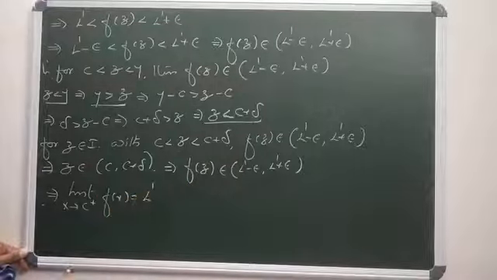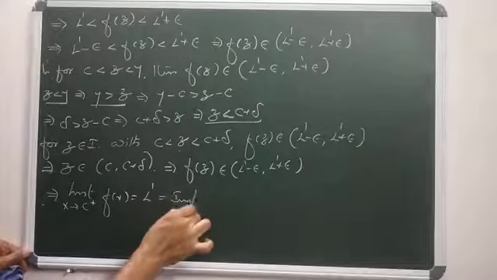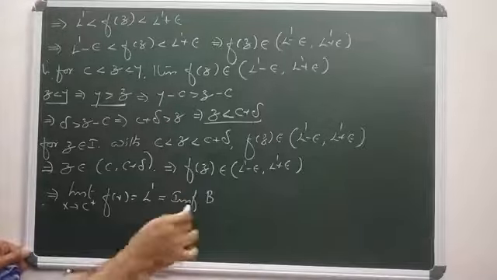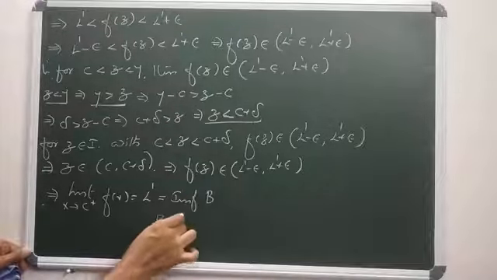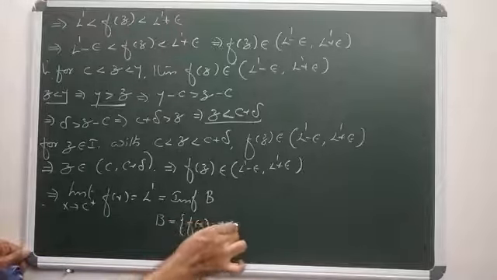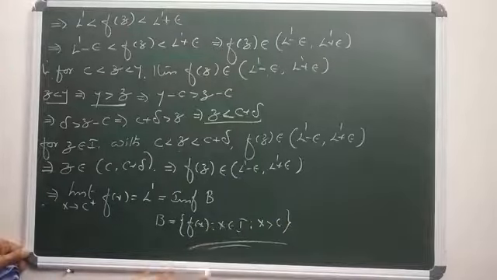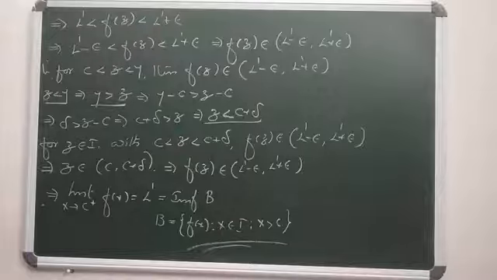Equals L'. What is this L'? L' is the infimum of B. And what is B? B is the set of all f(x) for all x belonging to I with x > c. So this is what we require here. So this is the result.